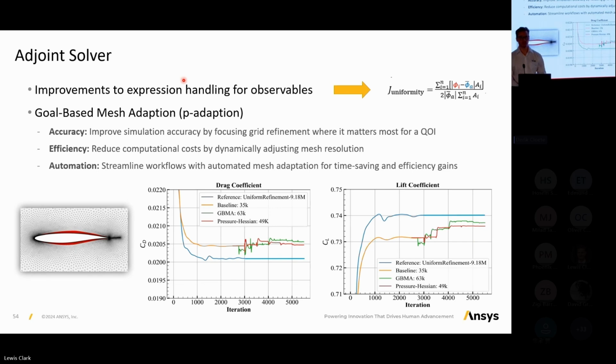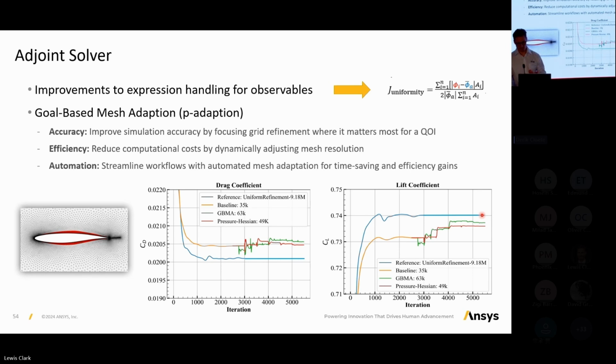So say you're trying to do a mesh independence study, rather than remeshing your problem every single time manually, or running a script that goes through all these different mesh adaptation loops, it's now possible to use the adjoint solver to work out where some refinement is required, and you can tell it to follow a particular goal. So in this case here, you can see that we've got this reference case.